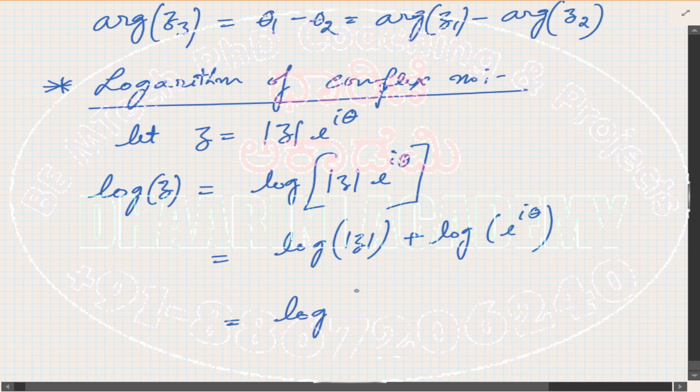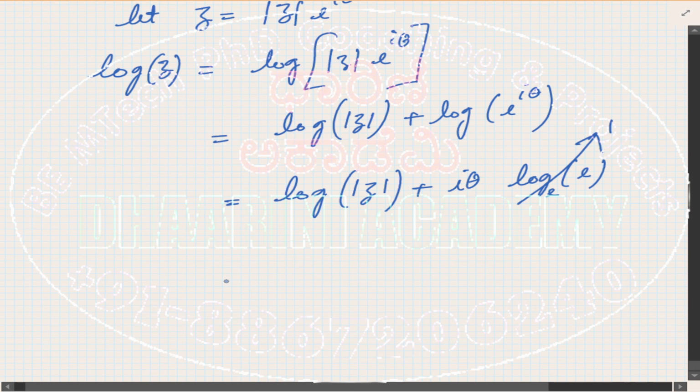This is log of magnitude z as it is, plus, see, whenever something is raised e to the power, or a to the power b inside a log, the power comes out, that is I theta into log of e. Normally this log is called log to the base e. Log to the base e of e is 1. So it is simply log of magnitude z, remember this is to the base e, plus I times theta.